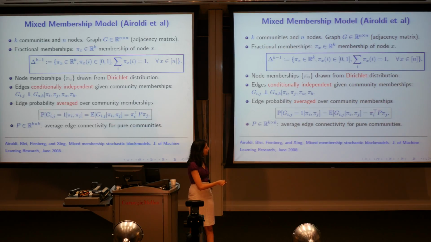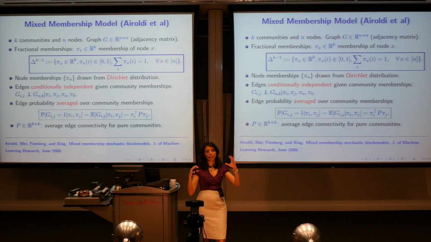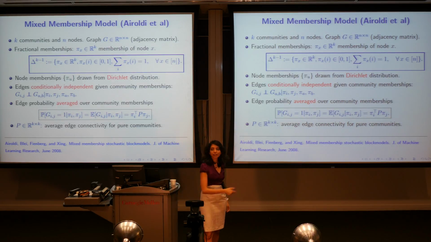So think of it that if these were just pure communities, just like every node just belonged to one community, all this model is saying is that there is some underlying probability for connectivity across different communities. So the connectivity of a node is only determined by its community. And so the probability of an edge is only determined by the community memberships of the two endpoints.